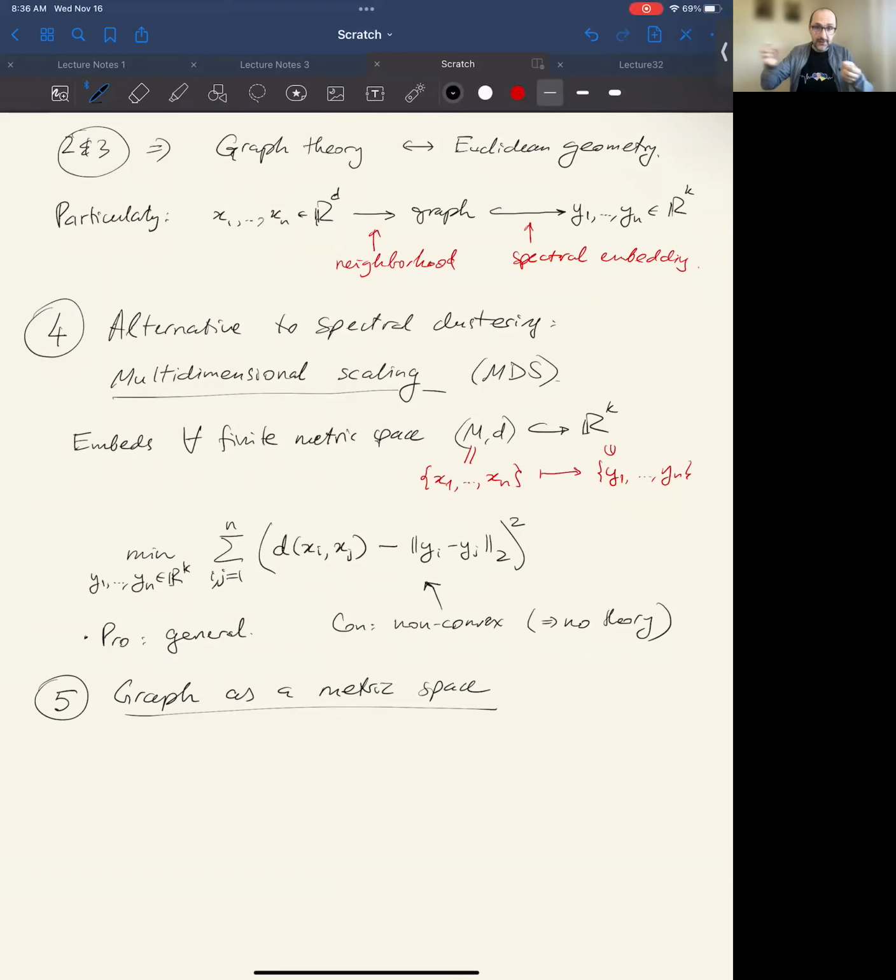It's the length of the shortest path between the points. So the metric is the graph distance between any pair of vertices, and it's just the length of the shortest path between them.